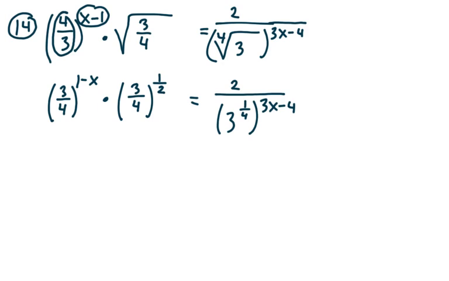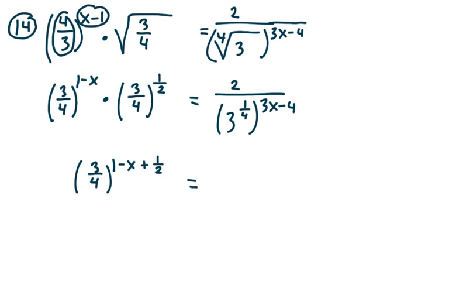Now, I have 3/4 to the 1 minus x times 3/4 to the 1/2. That's going to be 3/4 to the 1 minus x plus a half on the left side.